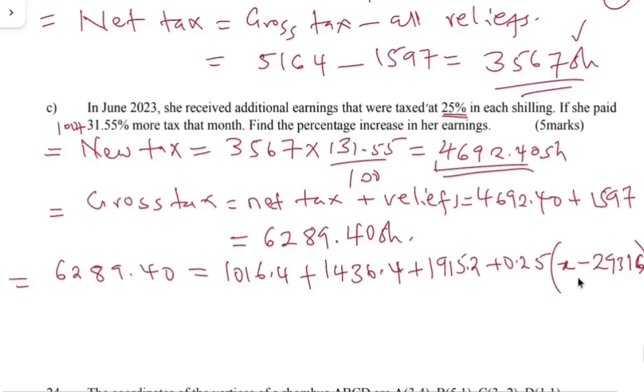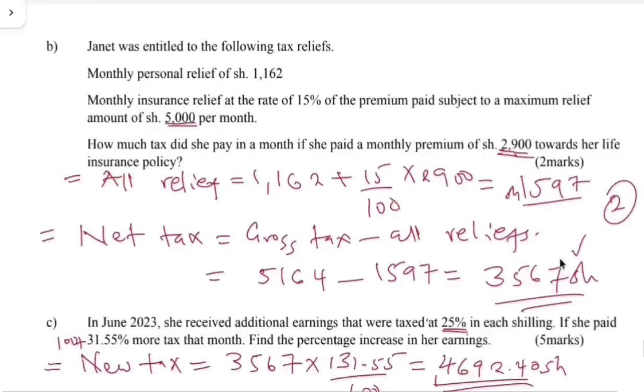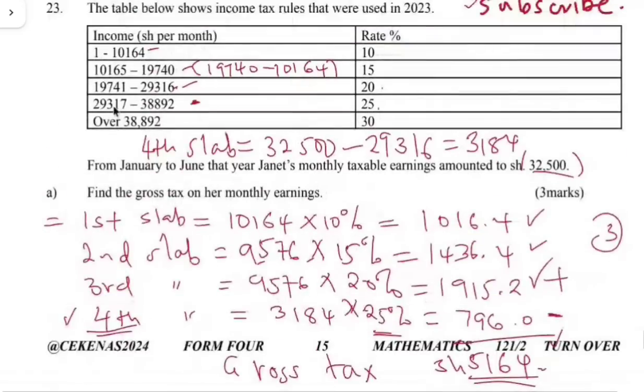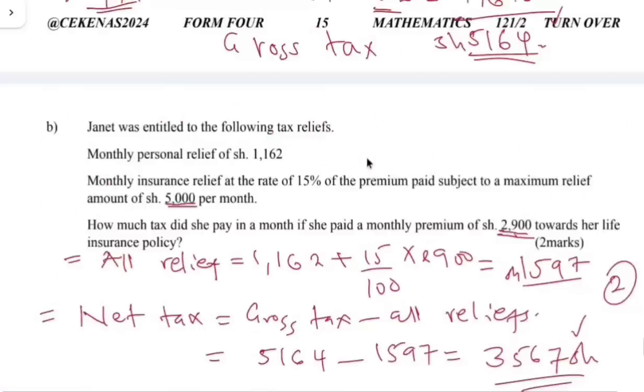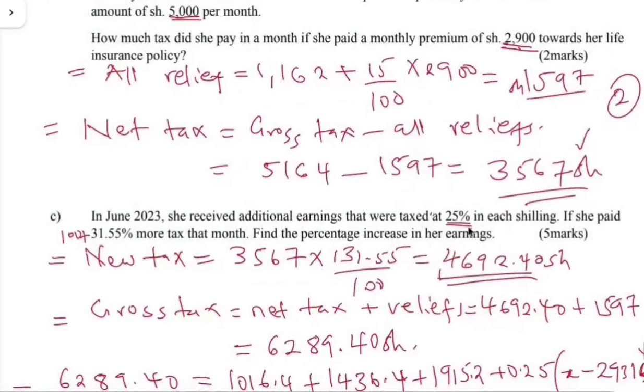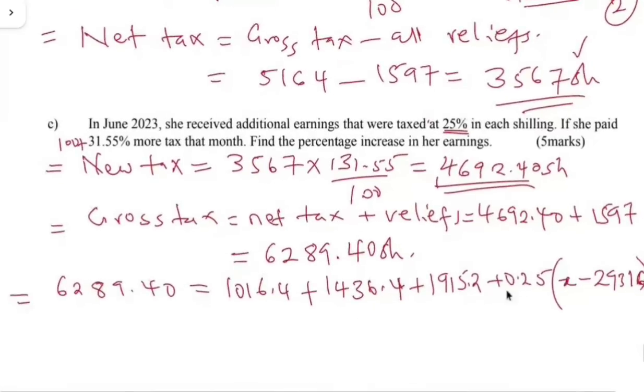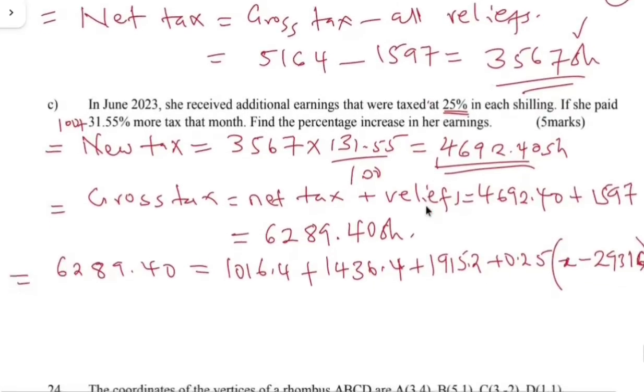I hope mmeelewa. So remember in your fourth slab hujui taxable income yote, ndio maana nikaweka x, na kupata ile kwenye fourth slab ta subtract na 29,316. Okay, and don't forget it's taxed at 25%, which is 0.25.